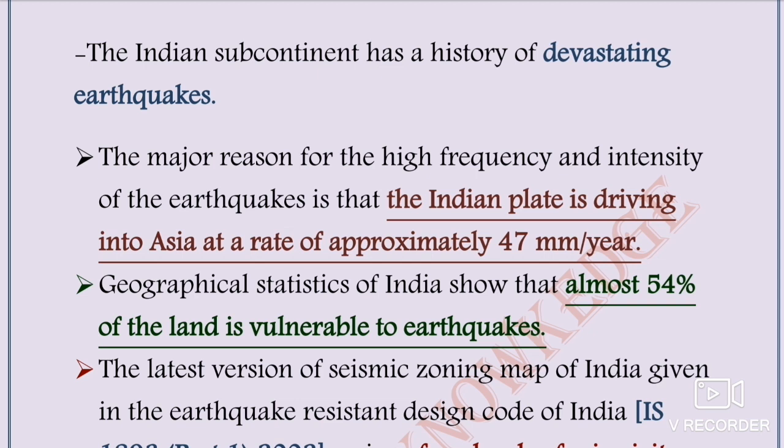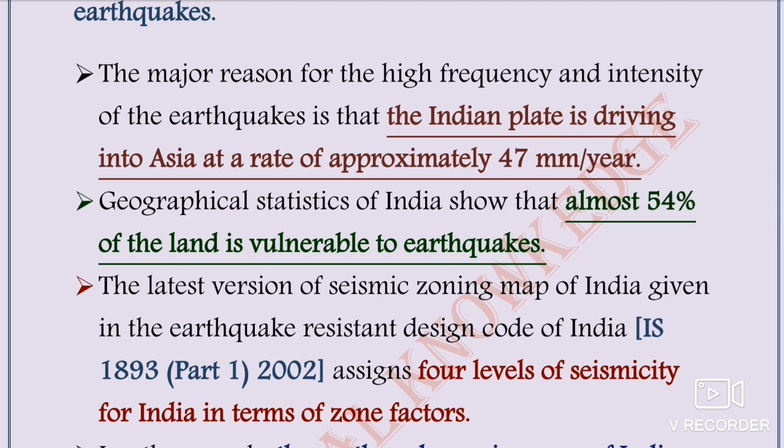That is a huge displacement. And if we talk about the geographical statistics of India, almost 54% of the land mass is vulnerable to earthquakes.